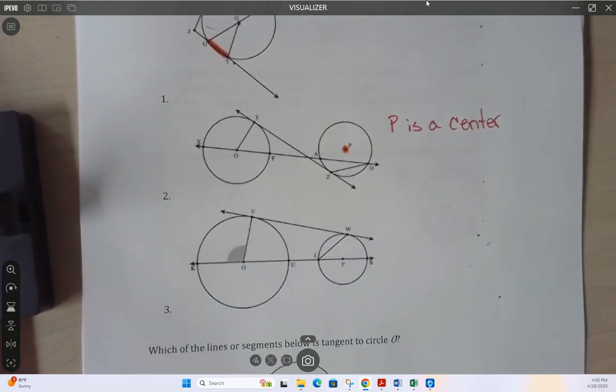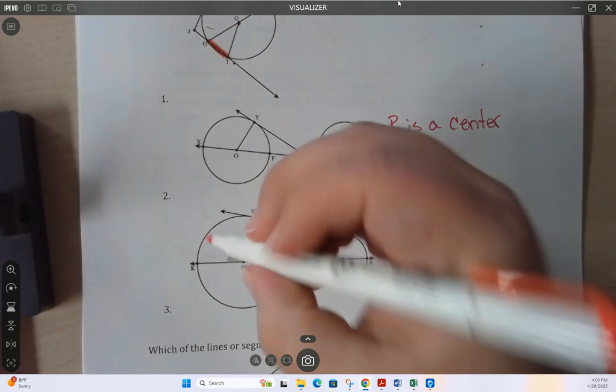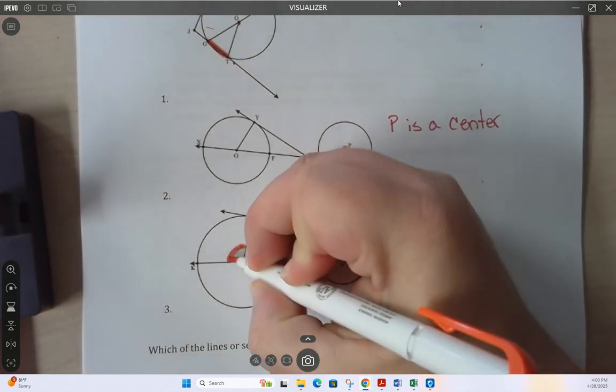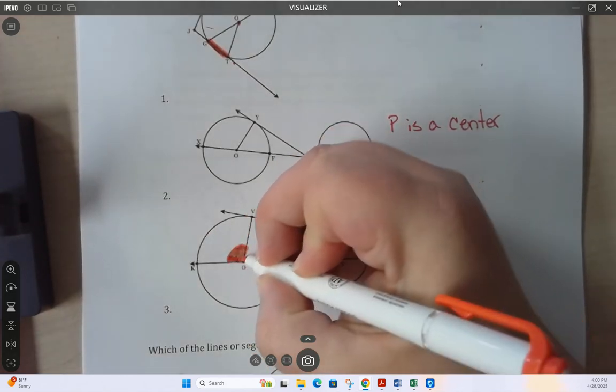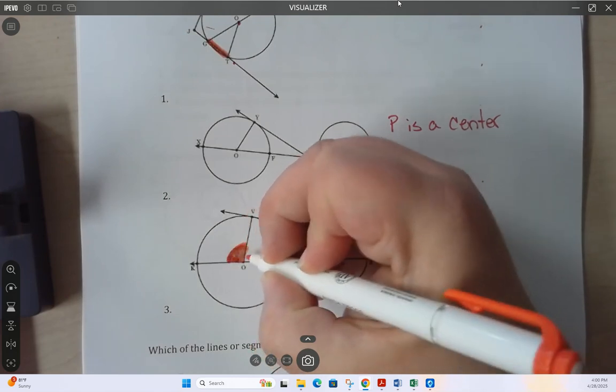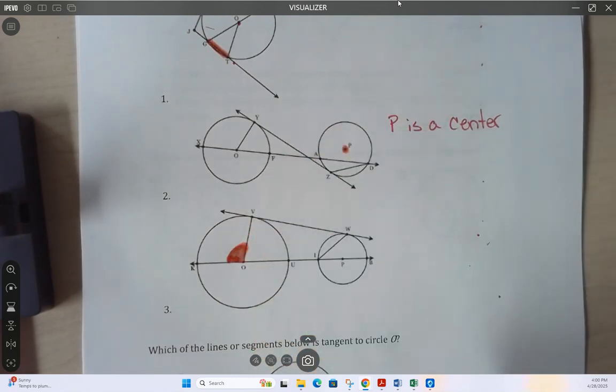And here, if we get down to the third one, that's shaded here. This represents an angle. In our 2 angles, we had central angle and we had inscribed angle. And central angles contain a center point. Inscribed angles, the vertex is on the circumference of the circle.